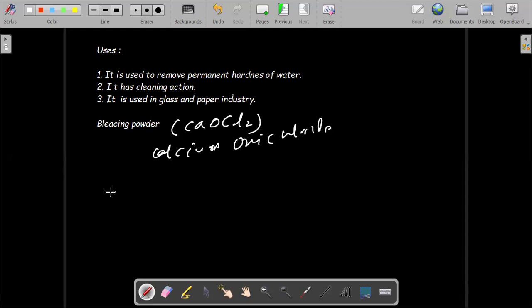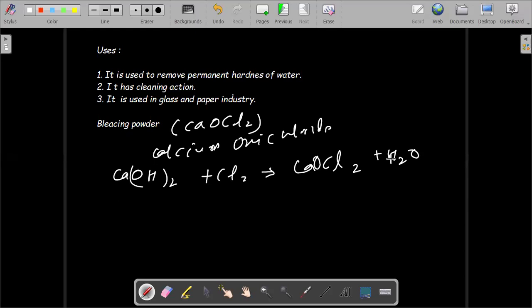It's manufactured by passing chlorine gas over calcium hydroxide, Ca(OH)2. When chlorine gas is passed through it, it gets converted to calcium oxychloride, CaOCl2. You can obtain H2O. Got this? How the bleaching powder is made?